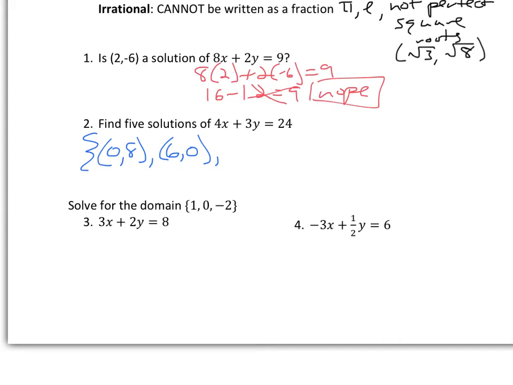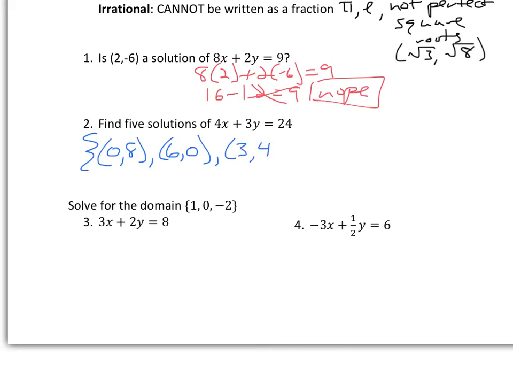If you plug in 1 for x, then it doesn't come out right, so let's not do that. Oh, you could do negatives. Let's say you plug in 3 for x, 7 for y.